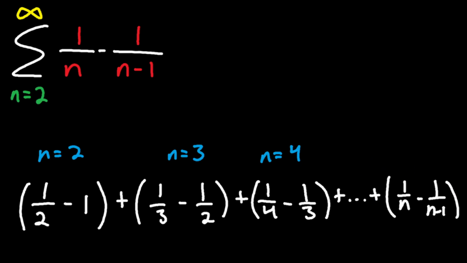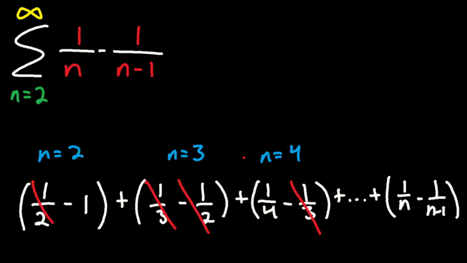But what you can notice in a telescoping series is that this 1/2 cancels out with this 1/2. This 1/3 cancels out with this 1/3, right? Because the plus sign distributes into the 1/3, this 1/3 is positive, but this 1/3 is negative. So you add a positive 1/3 minus 1/3, and you get 0.